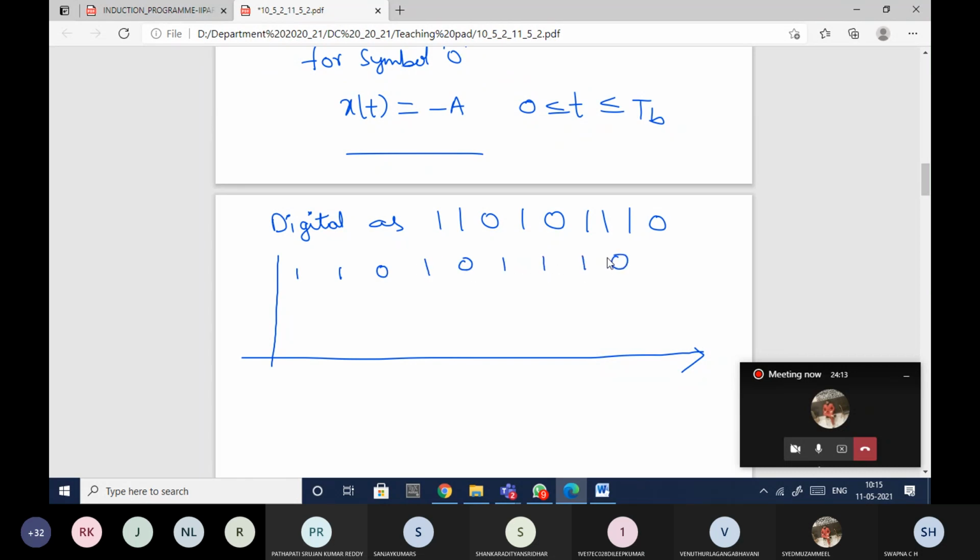Anybody has drawn? Tell me the answer, yes or no. That much is fine. Yes, ma'am. Then why do I need to ask so many times? You people can respond before, no?